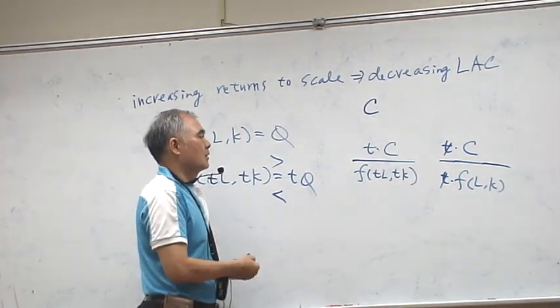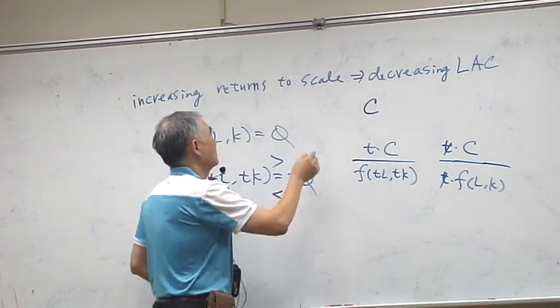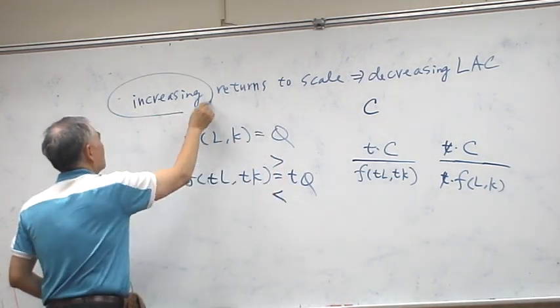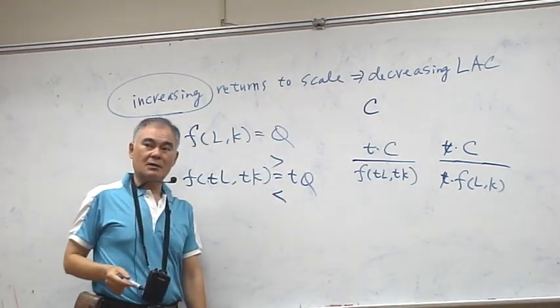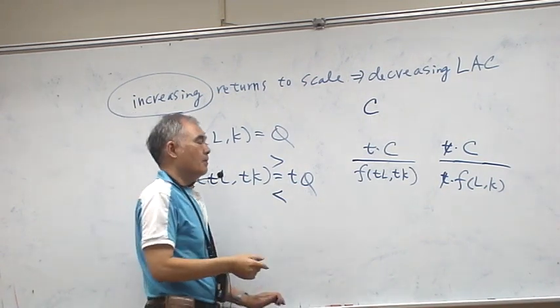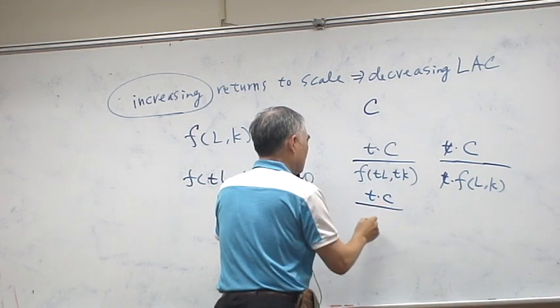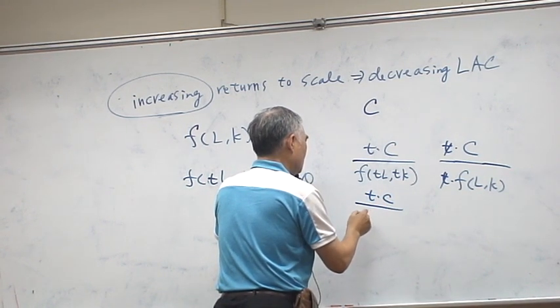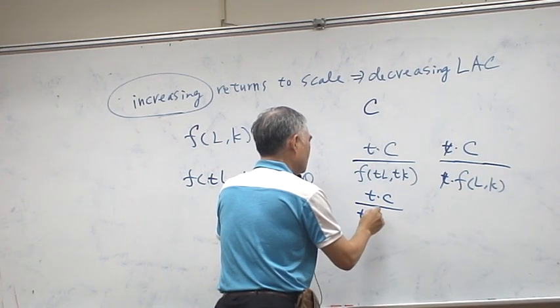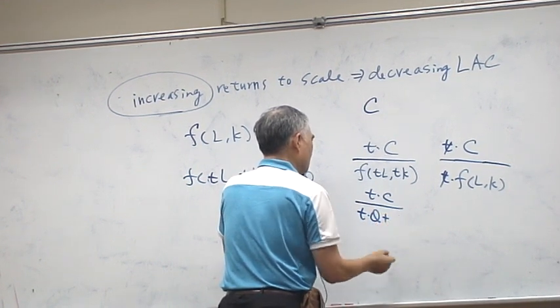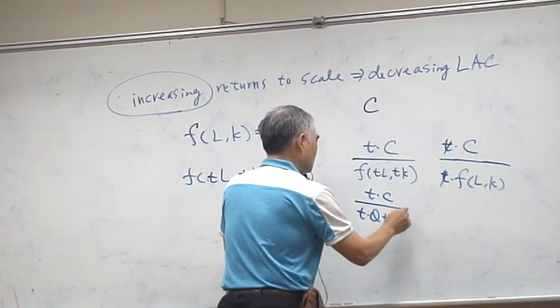So what you get? The question tells us it is increasing returns to scale. And so here you have tC, and the output is actually f(tL, tK), which is greater than tQ.